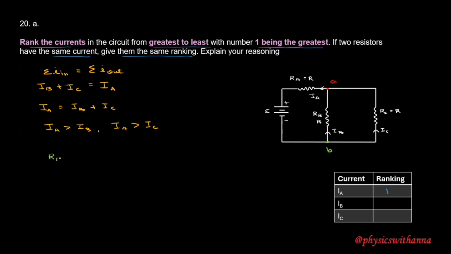So if RB is equal to RC, current in them will be divided equally. So we get IB to be equal to IC. So both IB and IC are equal, and we will give them equal ranking, which is 2. So this is how you can compare the magnitude of current using Kirchhoff junction rule, given the values of resistance in the circuit.